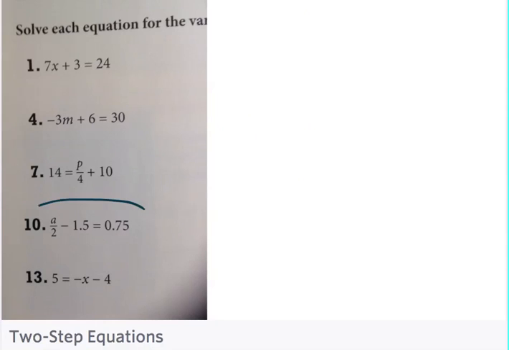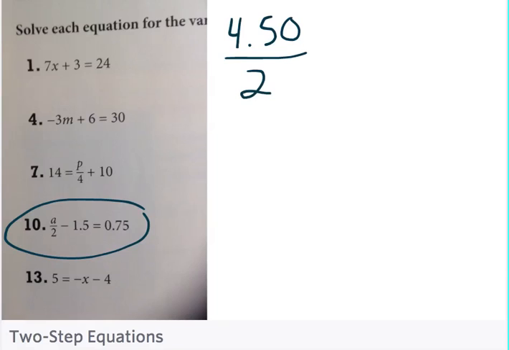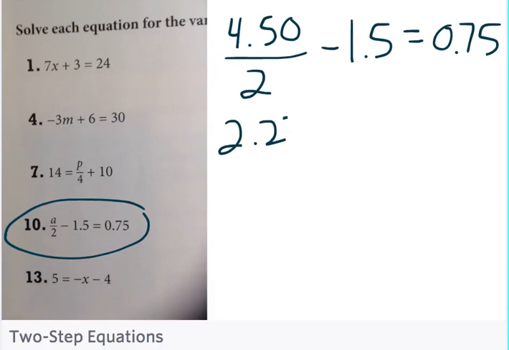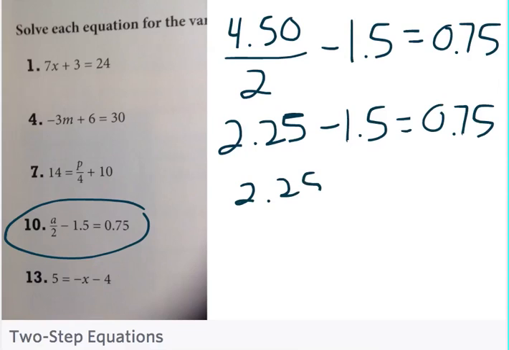Checking number 10, we think the answer is 4.50. So we replace A with 4.50, divide that by 2, subtract 1.5, and we should get 0.75 if we found the correct value for A. 4.50 divided by 2 is 2.25, and we subtract 1.5 from that, and we'll just check to see if that's correct.